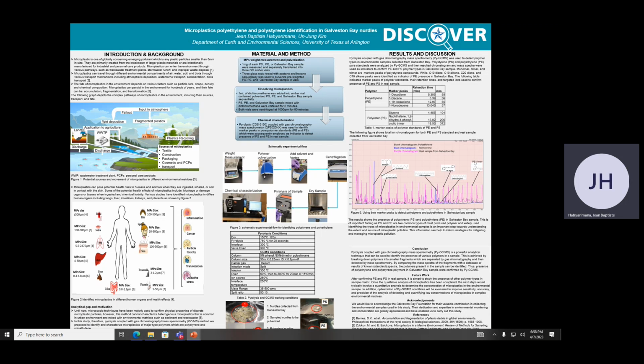So in this, most studies use a microscope to conduct physical identification of microplastics.